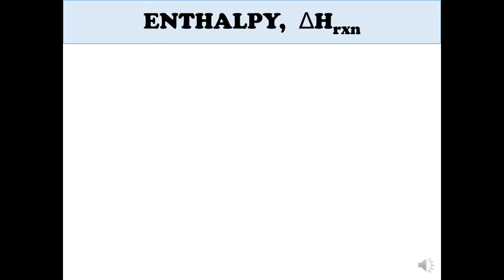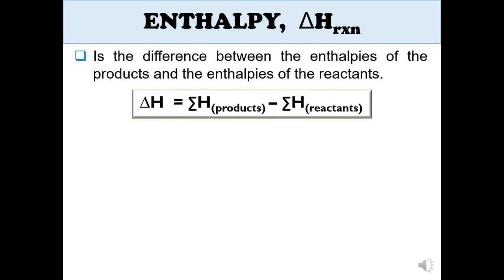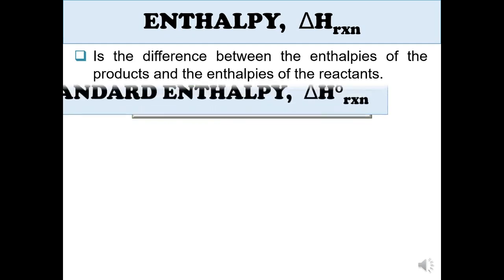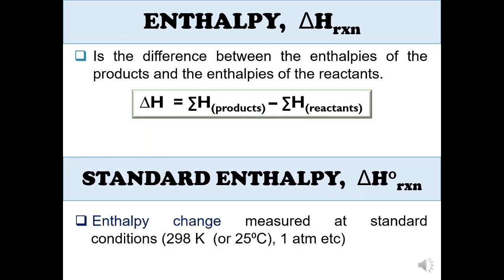The enthalpy of reaction, delta H, is the difference between the enthalpies of the products and the enthalpies of the reactants. The formula is delta H equals the sum of enthalpy of products minus the sum of enthalpy of reactants. Standard enthalpy, delta H0, is the enthalpy change measured at standard conditions, 298 Kelvin, 1 atm.